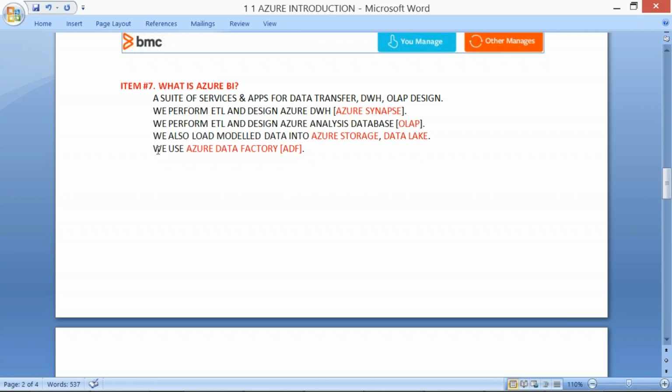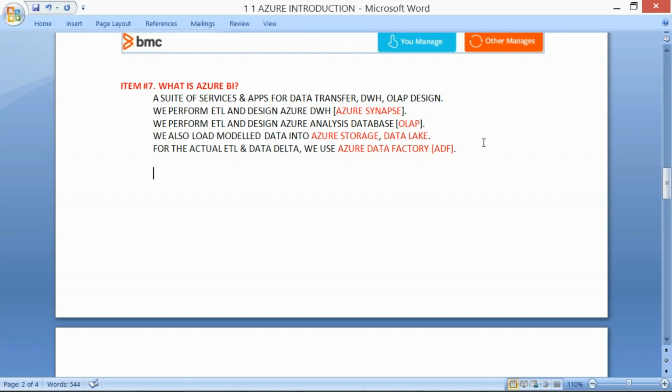Well, so here it is. It's mainly for the actual ETL and data delta or incremental loads. We use ADF. First level.